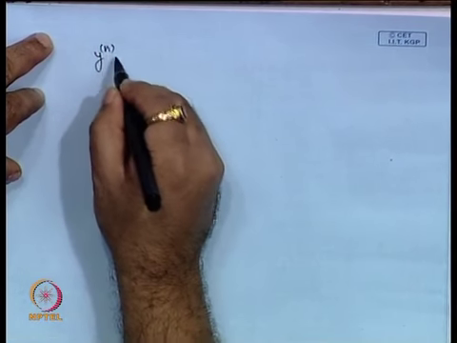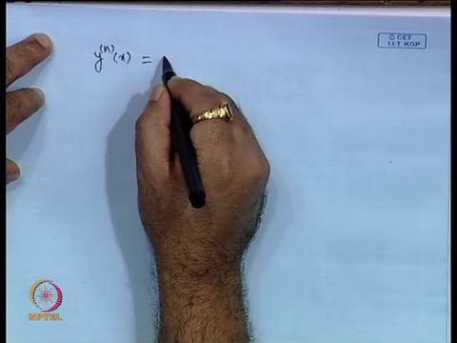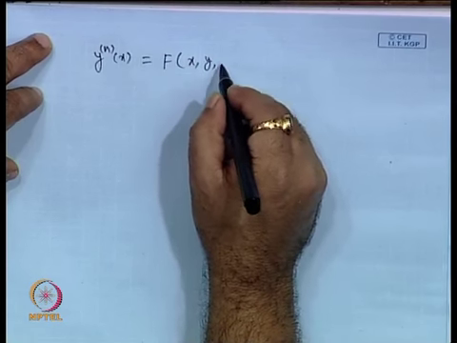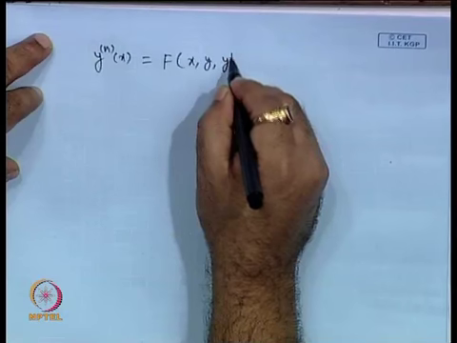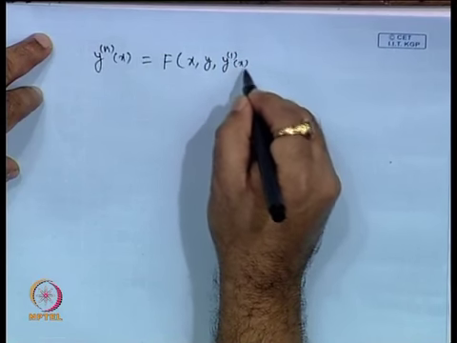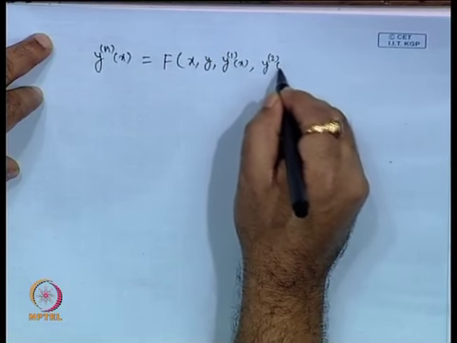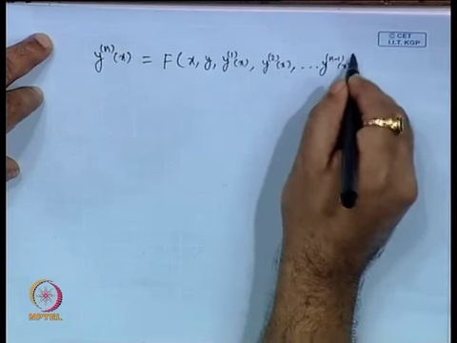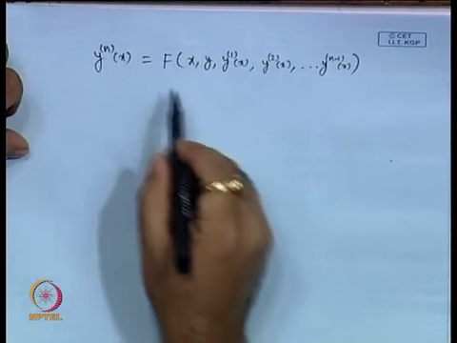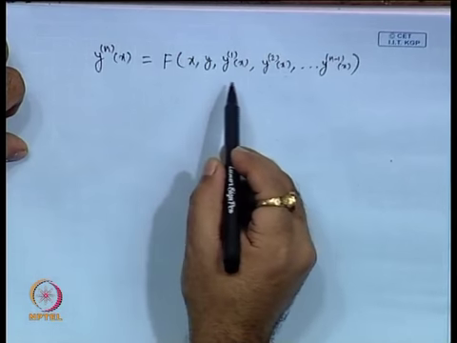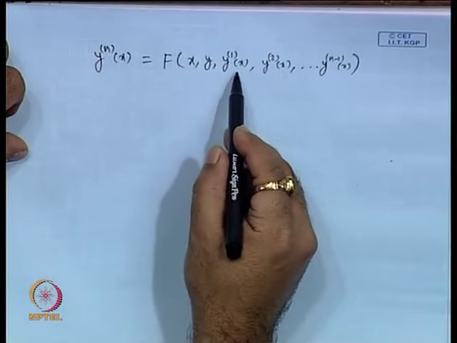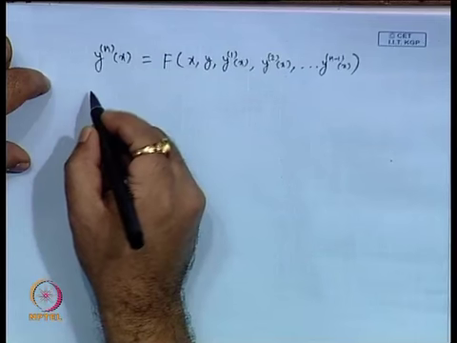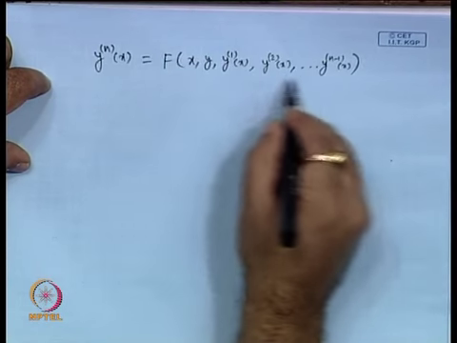For example, you define the nth derivative as a function of x, y, y1, y2, up to y of n minus 1. So your nth derivative expects values up to order n minus 1, right.